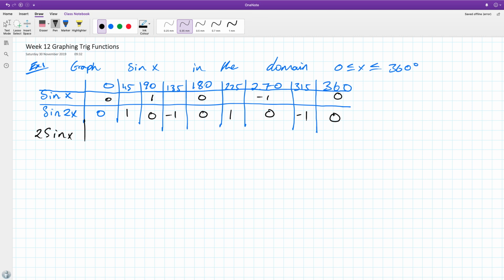Once again, you put the figures into your calculator and work them out whichever way you can. Starting at 0, ending at 360, and the step is 45.